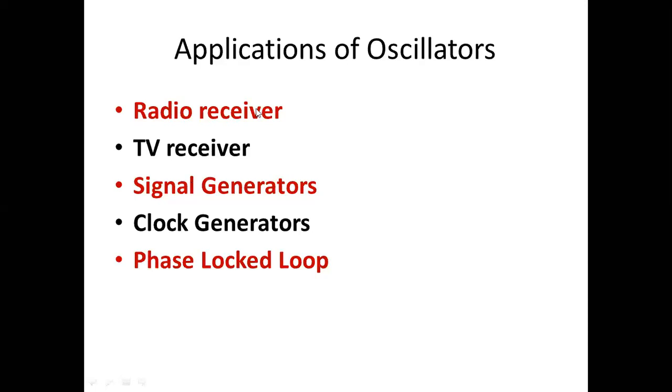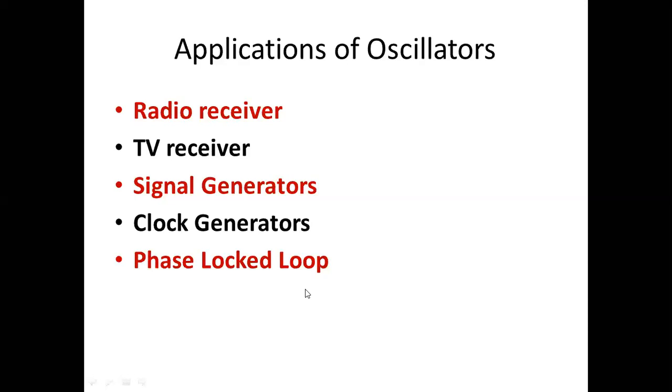The oscillator output is generated without any input, and all oscillators operate on a DC supply, so the output signal is converted from the DC supply. That's why it is used in signal generators, and also in clock generators, which we use in different logic circuits, and it is also used in phase lock loops.